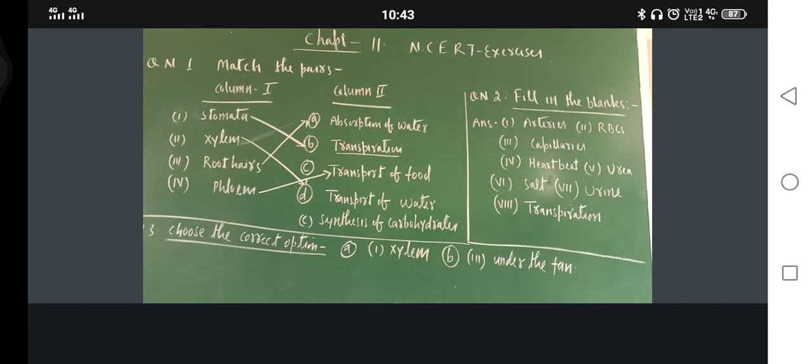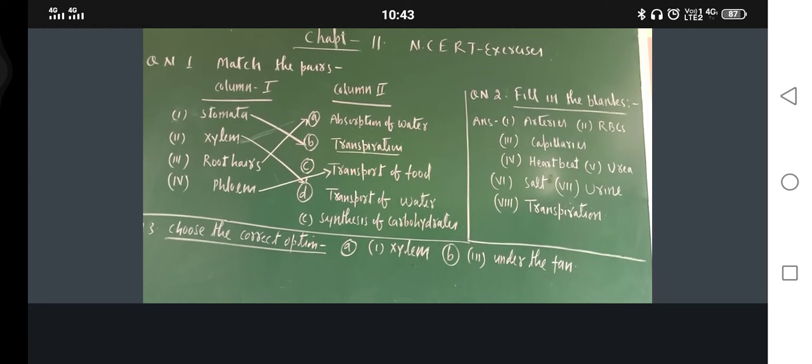A: In plants, water is transported through. I wrote only the correct answer. Options are xylem, phloem, stomata, and root hair. So in plants, water is transported through xylem.